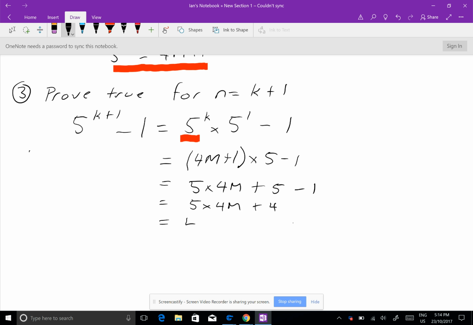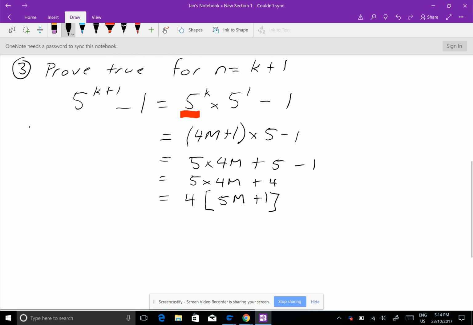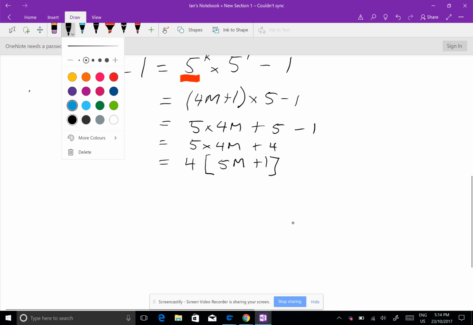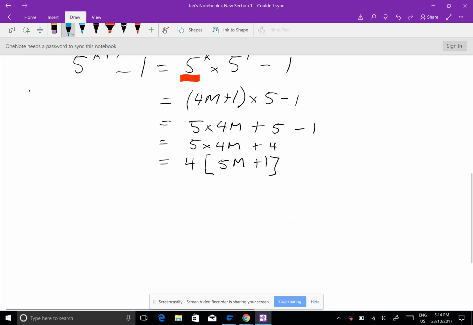So if I take the 4 out now, if I factorise the 4 out, then I'm left with 5m plus 1. Now, since m is an integer, 5m plus 1 will also be an integer. So since m is an integer, 5m plus 1 is also an integer.